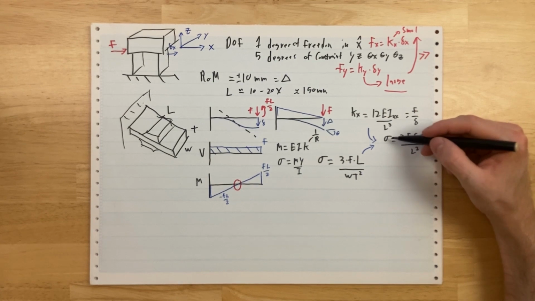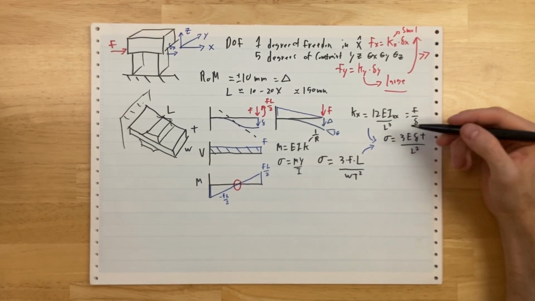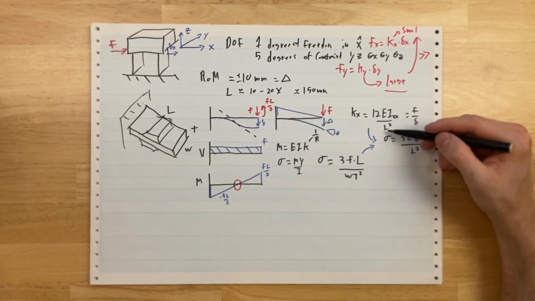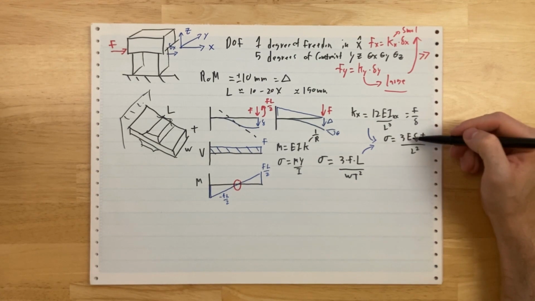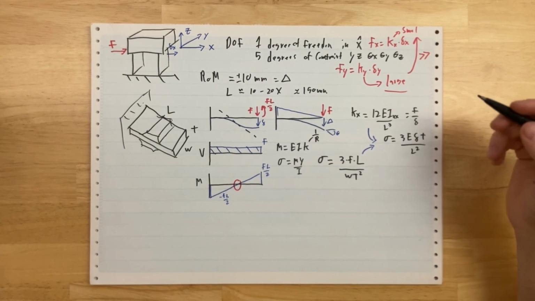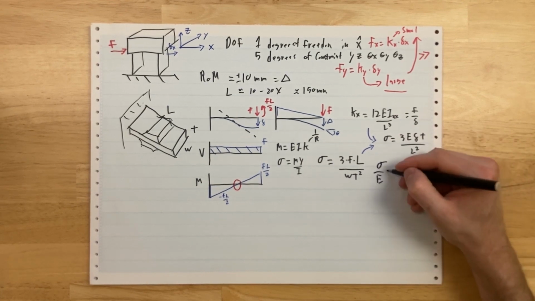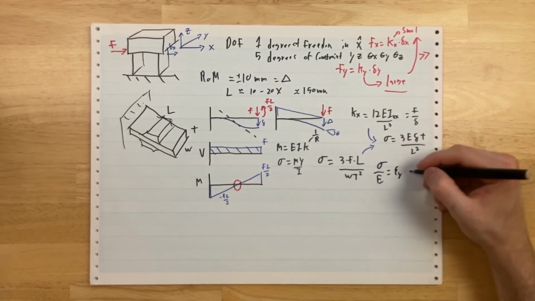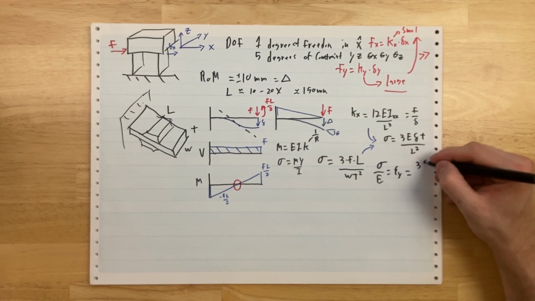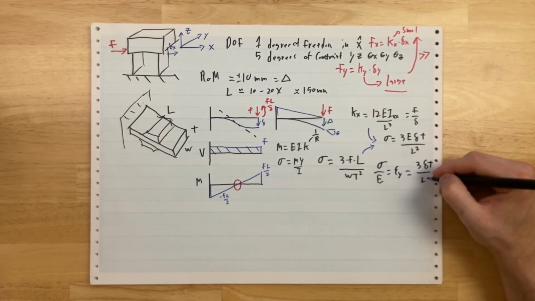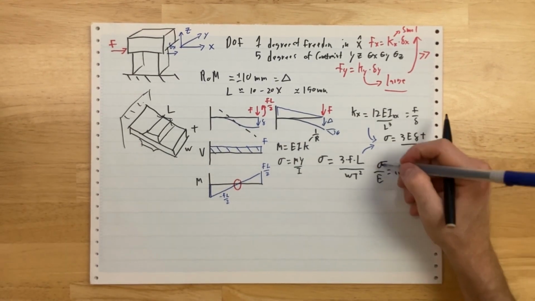I really care about how this material fails, because I can get a really strong piece of steel. The allowable stress is higher, but so is the modulus. The actual equation that matters here is sigma over E, the yield strain, and the yield strain equals 3 delta T over L squared. This is really what's going on here.